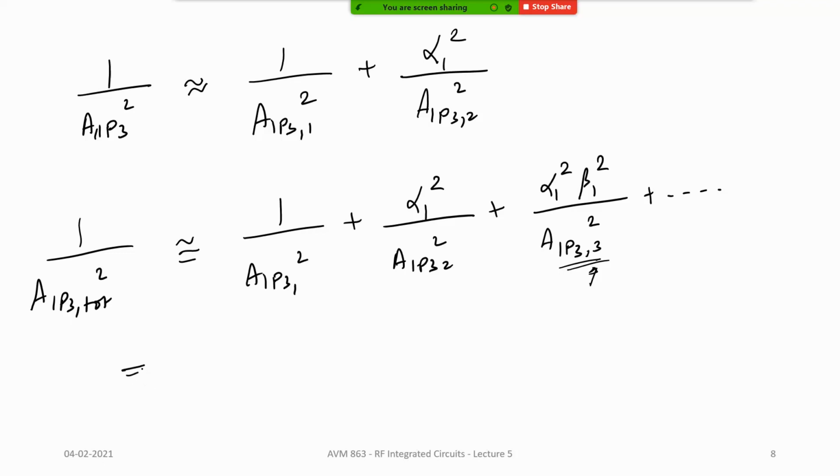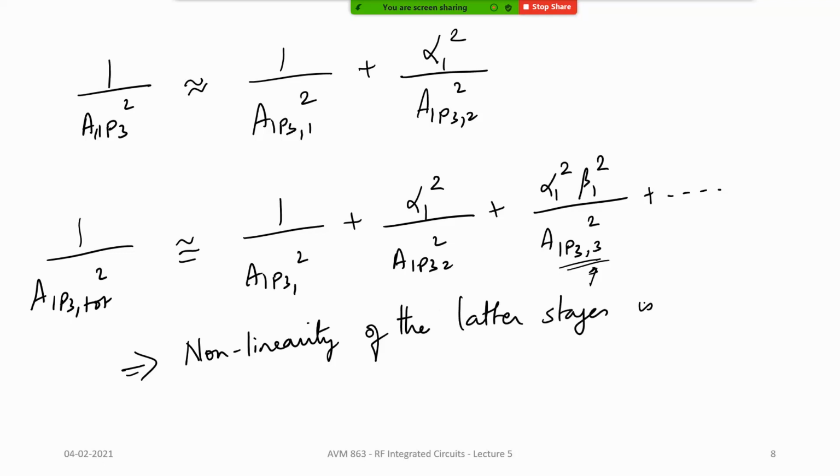In other words, we can just say nonlinearity of the latter stages is more critical, as long as the gains are greater than 1.